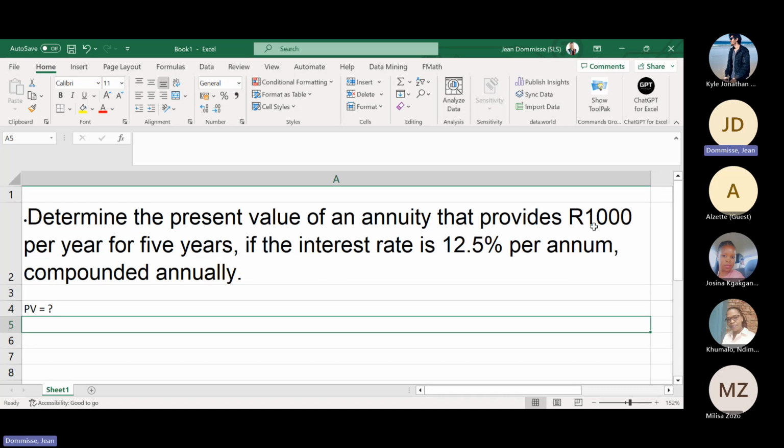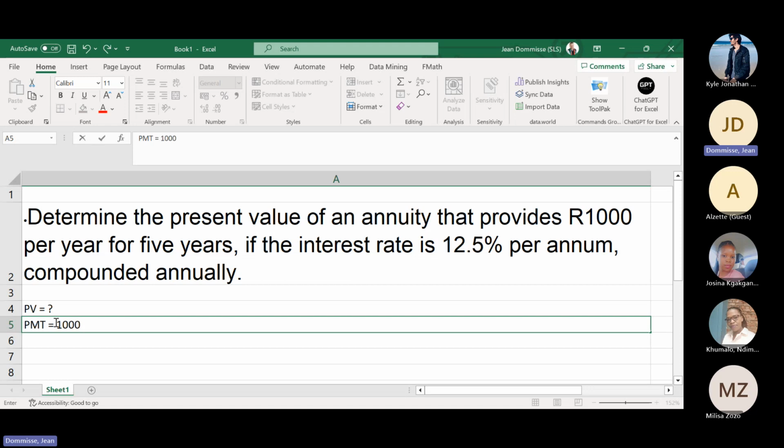That provides R1,000 a year for 5 years. Okay, so we know an annuity is something that you pay, in this instance per year, but it is basically a premium that will be paid. So is it per month, per year, whatever. In this instance, it is per year.